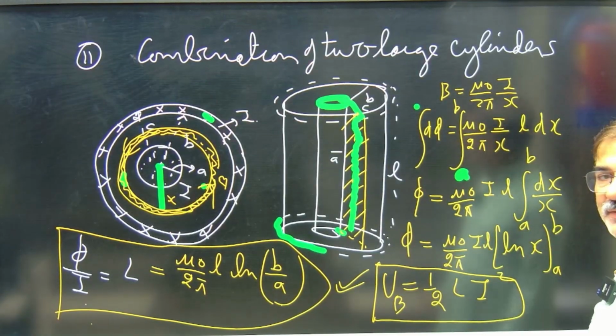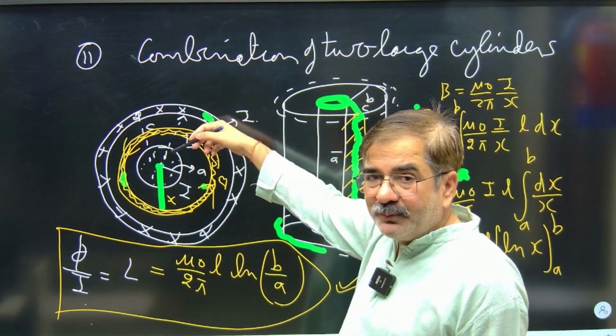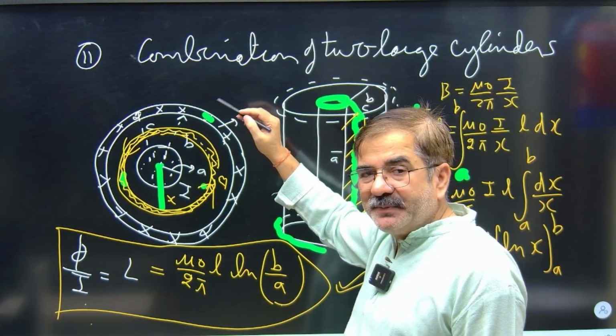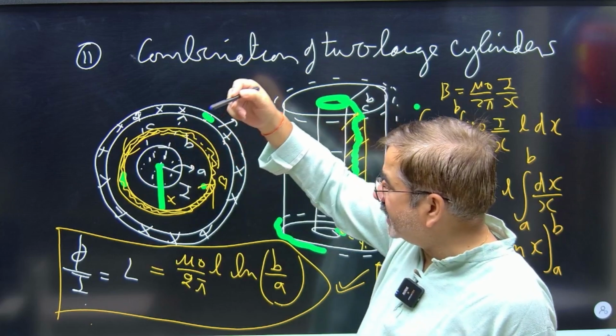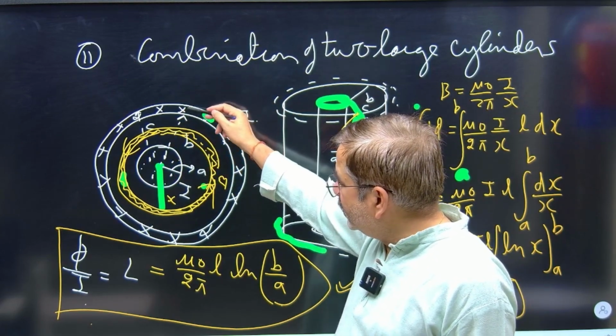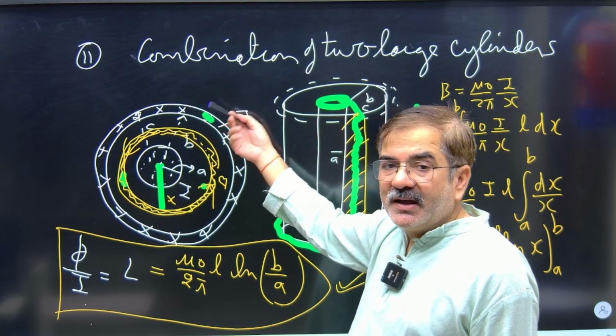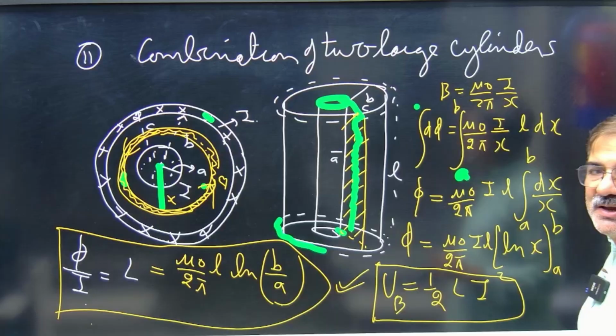L I have already found. It's a combination of two currents flowing in opposite directions. It is similar to the capacitor plates. One current is coming out, and the other enters. So in the hollow space between the two infinitely long cylinders, magnetic energy will be stored, similar to the parallel plate capacitor arrangement.